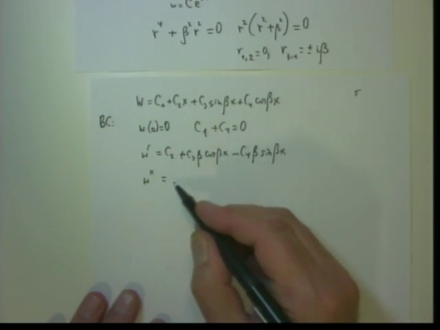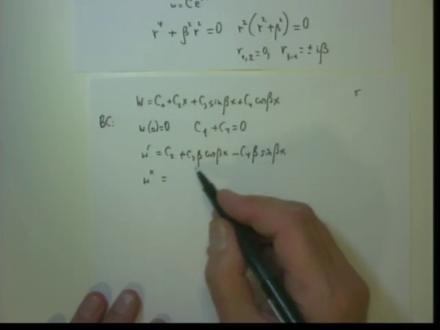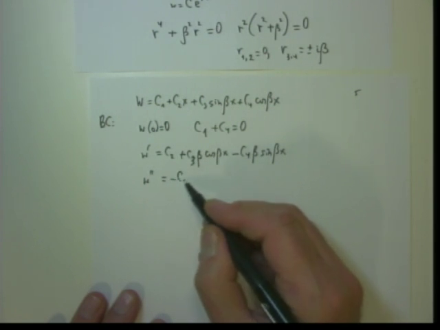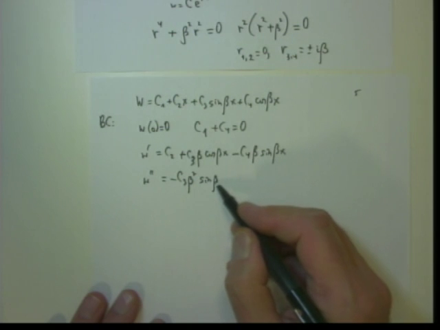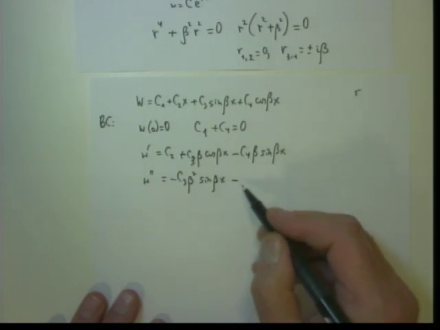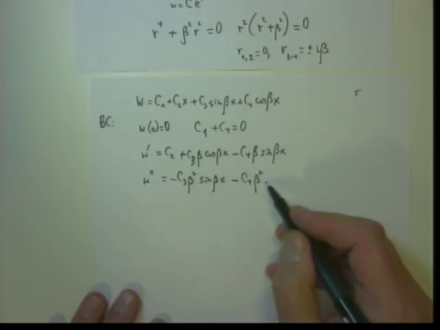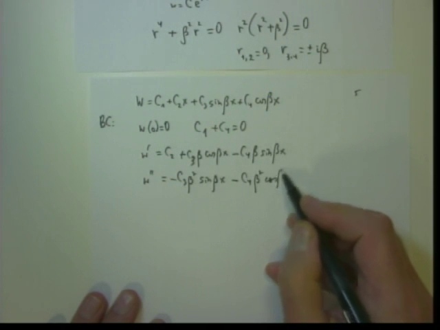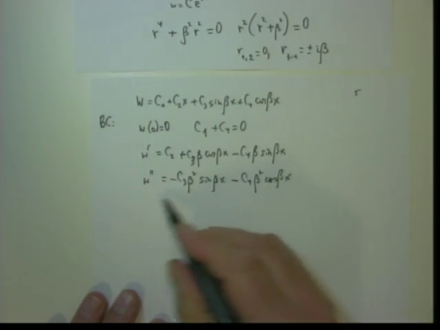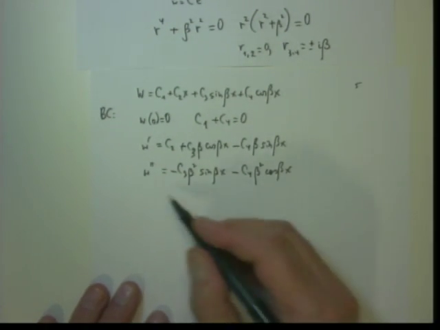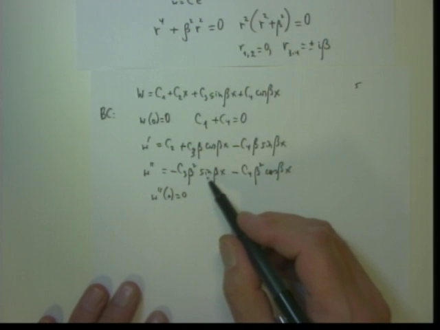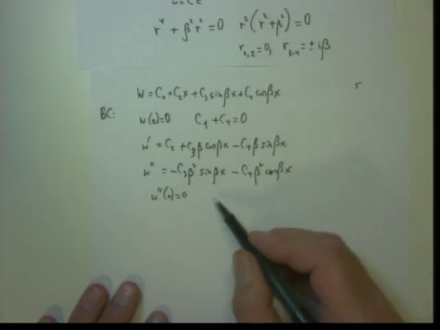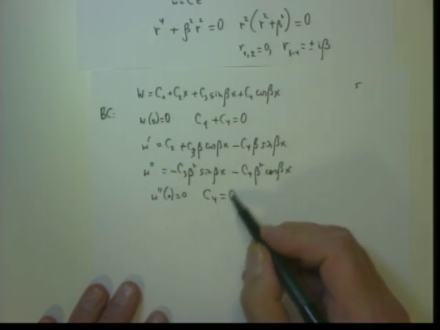W second derivative equals minus C3 beta squared sine beta x minus C4 beta squared cosine beta x. So at 0, this must be 0. So this is 0 anyways, because sine of 0 is 0, so therefore C4 equals 0.